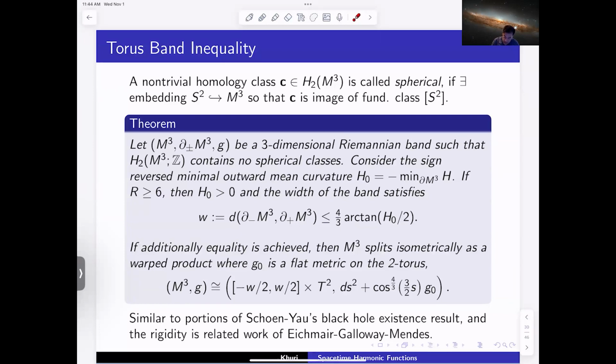Now, one can get the traditional version of this with the scalar curvature on the right-hand side. Instead of the mean curvature, one can take h naught to infinity, and you get pi over 2. And there's a rigidity statement here for the torus band inequality. This is something for which I just want to show the proof using spacetime harmonic functions.